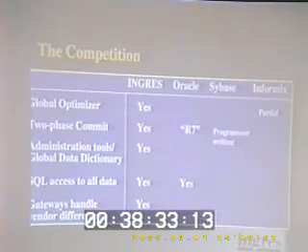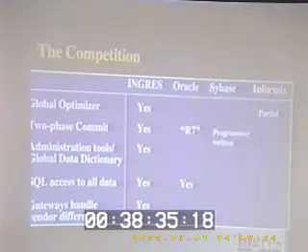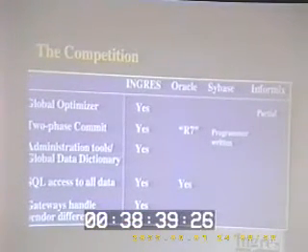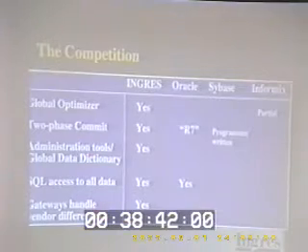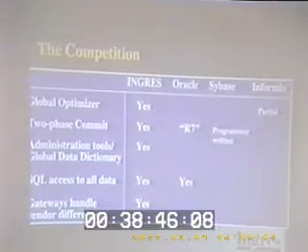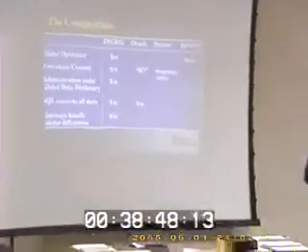The Oracle marketing literature here states that Ingress has a programmatic two-phase commit. What you have is a slightly older version of their marketing literature, and they're probably still sending it around knowing that.